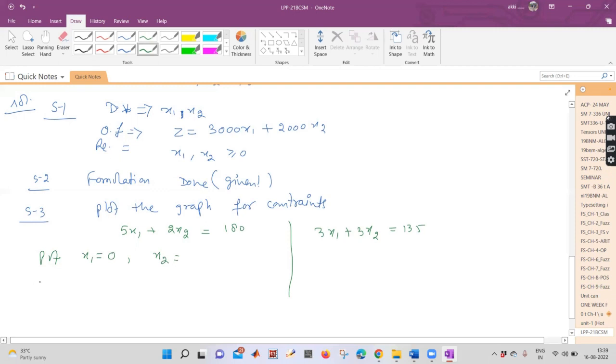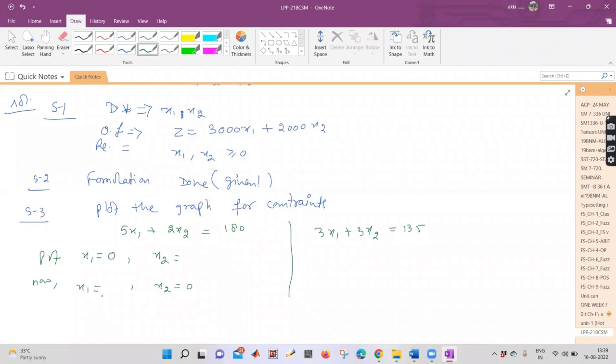Now put x2 equals to 0, get me the value of x1. Yes, good. So my x2 here is 90 and my x1 here is 36, which means my coordinates here are 0 and 90, and 36 and 0. Good.